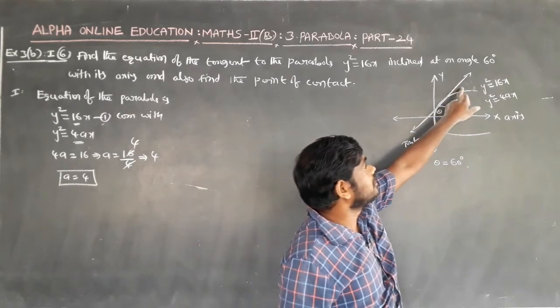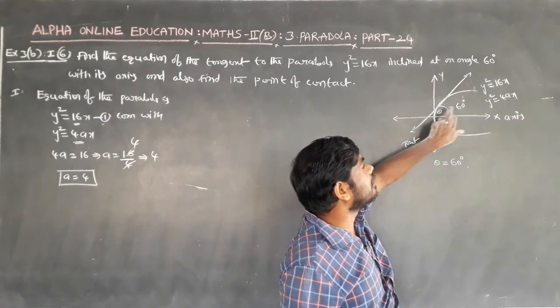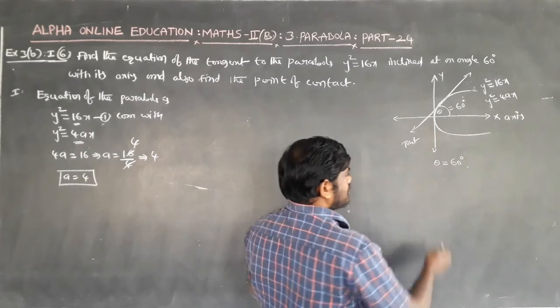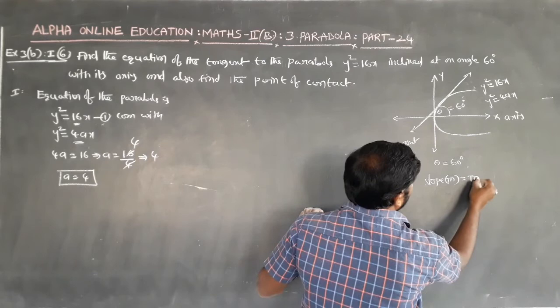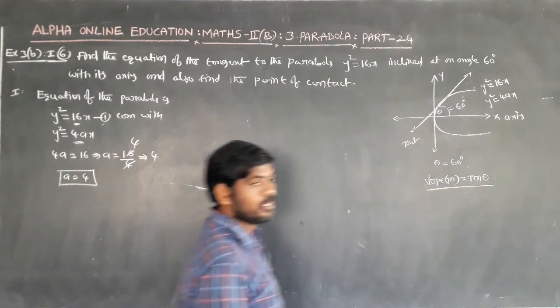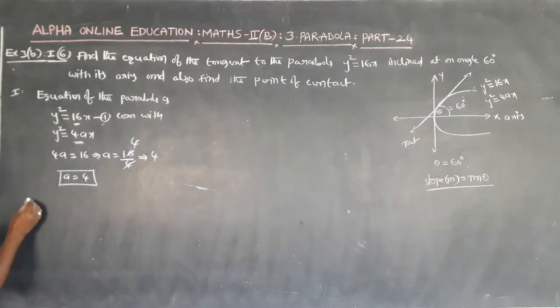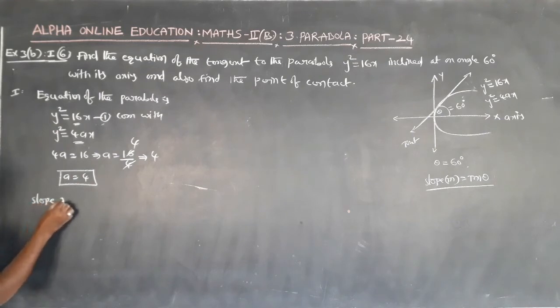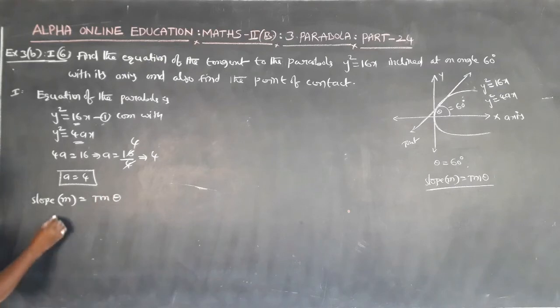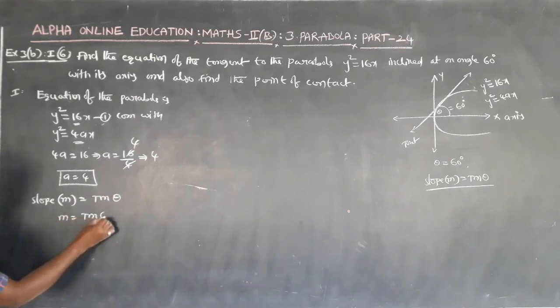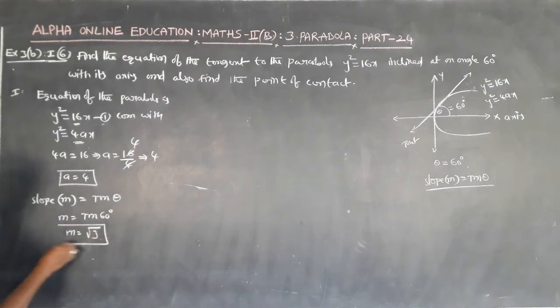A line tangent makes an angle theta with the positive x-axis, which means the slope m is equal to tan theta. First of all, find the slope of the line. Slope m is equal to tan 60 degrees, which is equal to root 3.